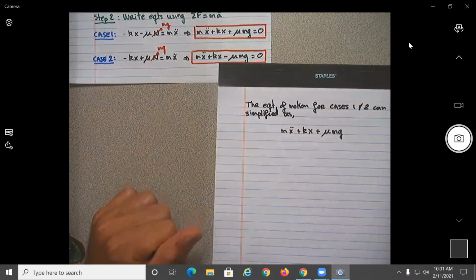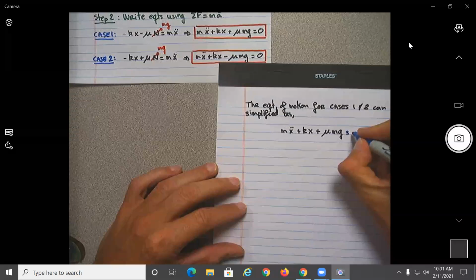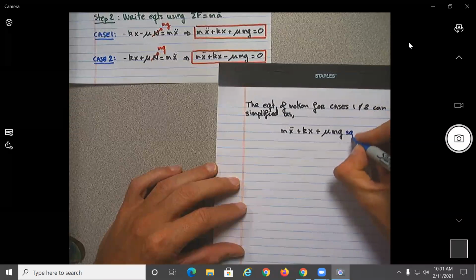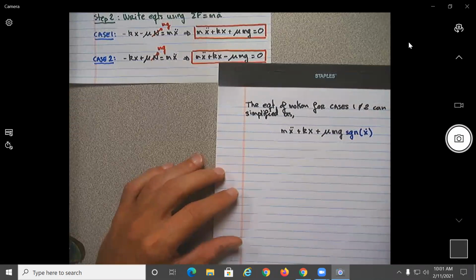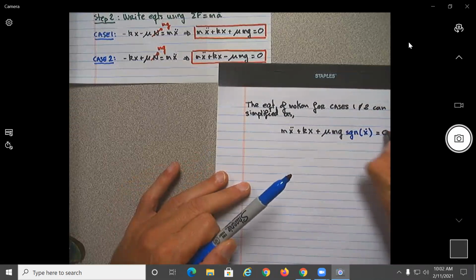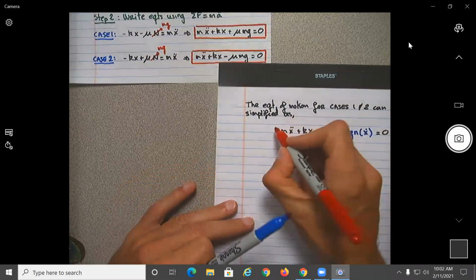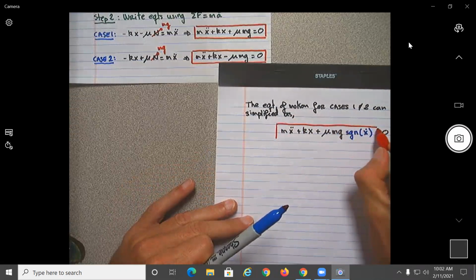and now we're going to define a function that's going to be called sign of x dot, equal to 0. Okay, and I explain now what is the sign of x dot.